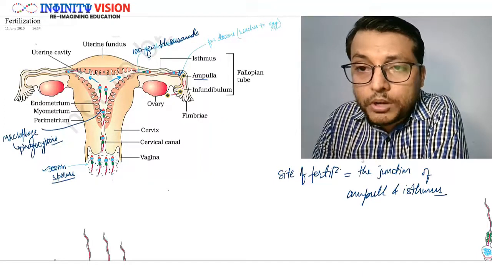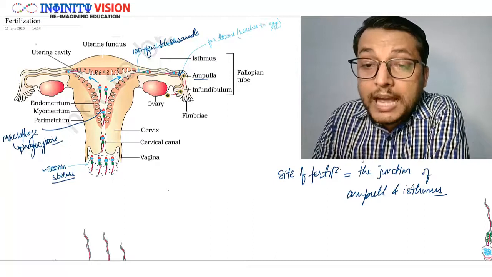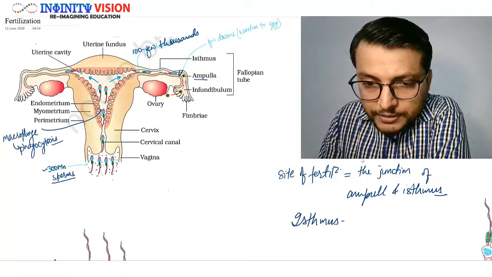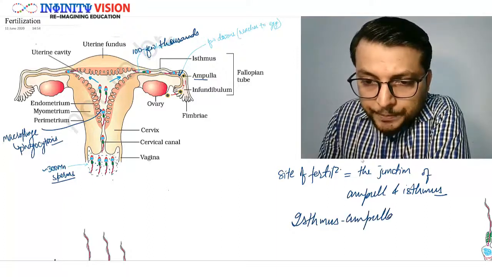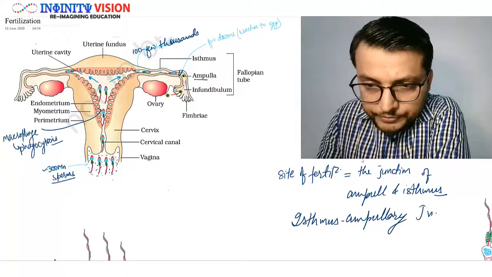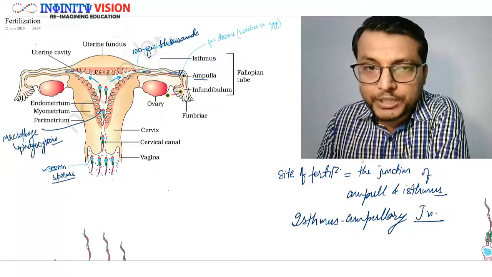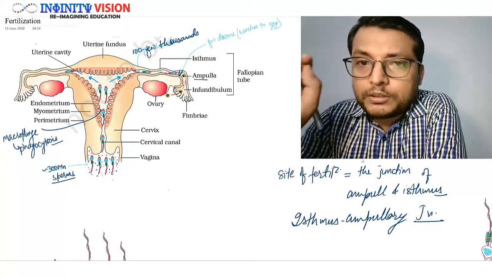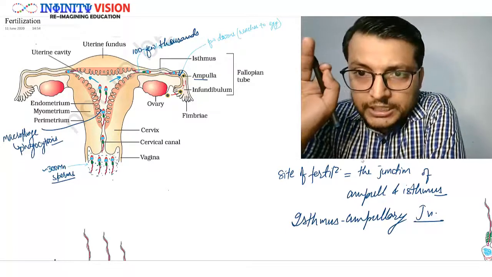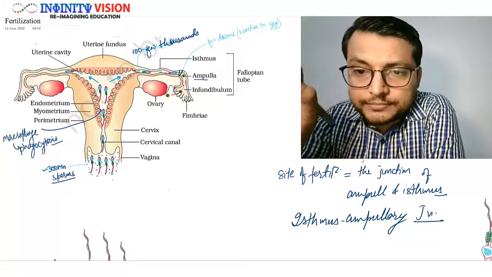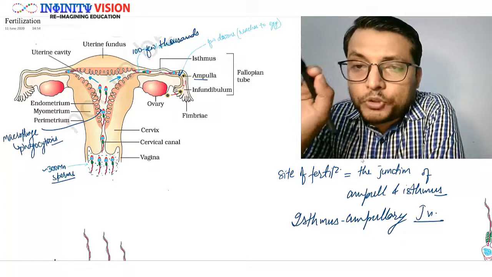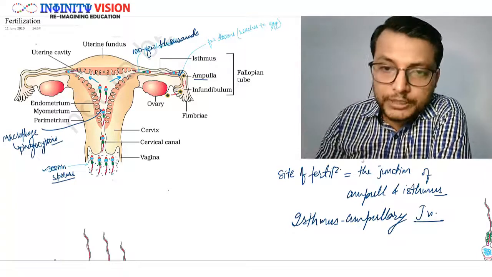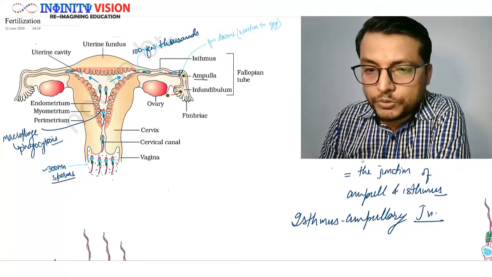We also call it the isthmus ampullary junction. Will you remember? Great. So it is a very common question. The site of fertilization in the oviduct is the junction of ampulla and isthmus, or isthmus ampullary junction, right? Great. So this you know now.